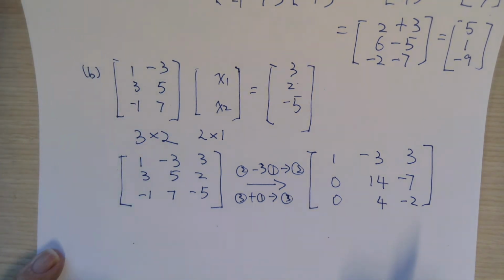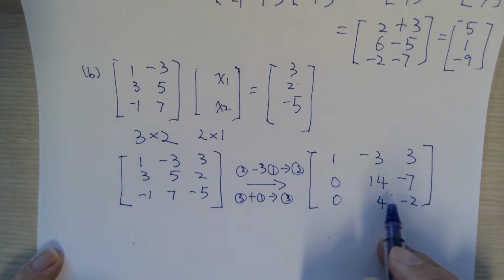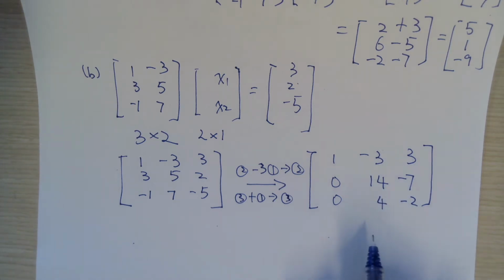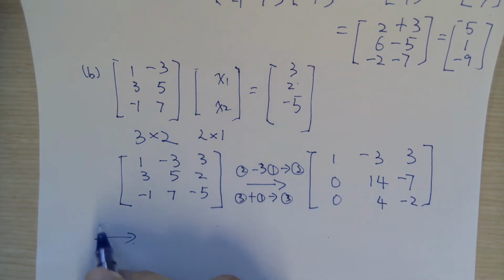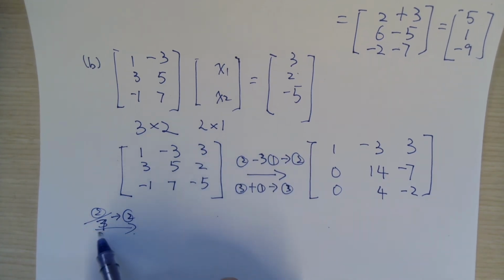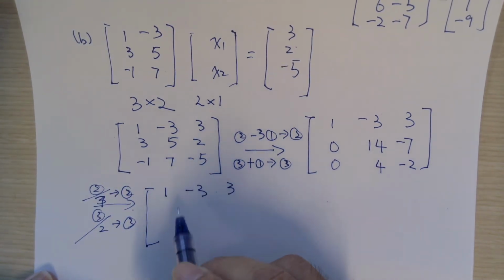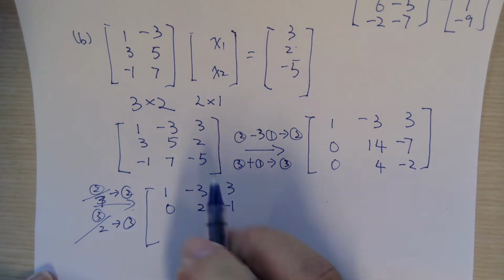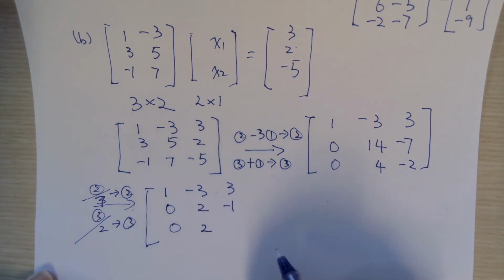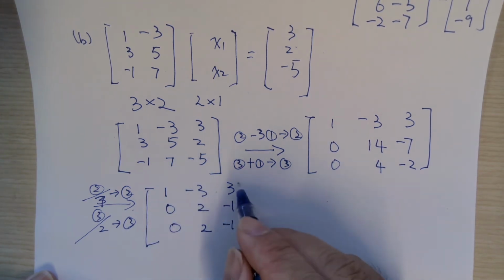We can use row 2 over 7 become new row 2, right? We can use row 3 over 2 become new row 3. So just scale it. It's 1, negative 3, 3, 0, 1, negative 1, and 0, 2, negative 1, right? Okay.